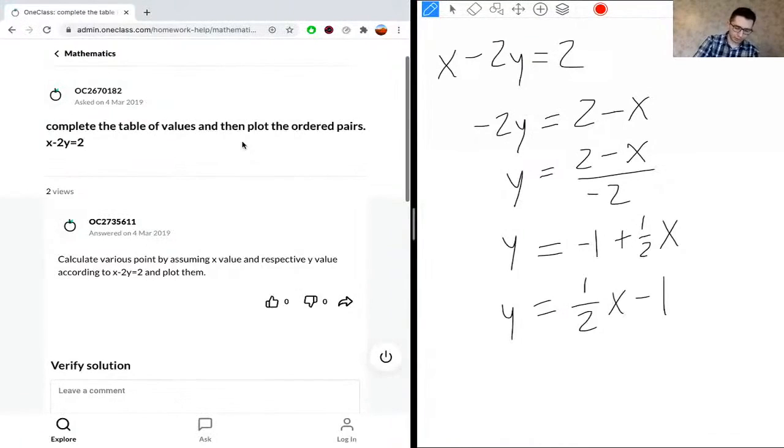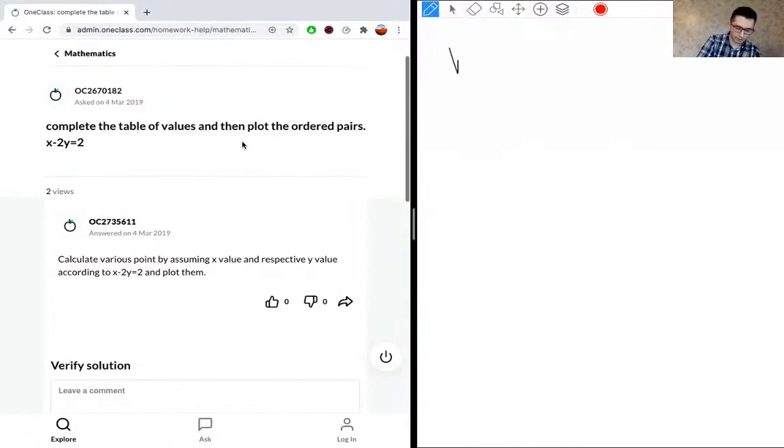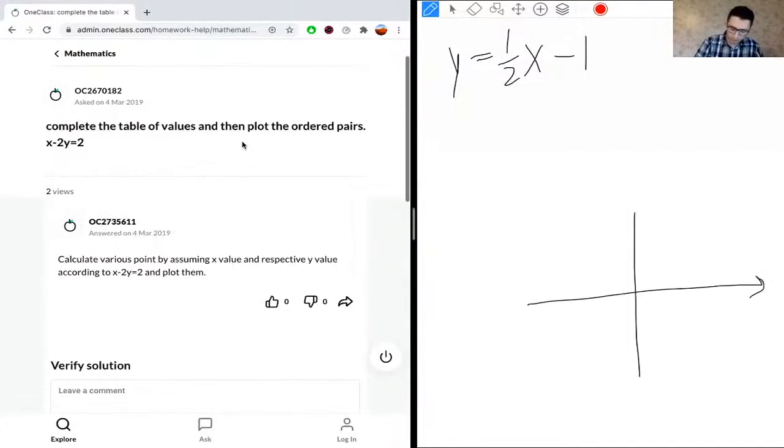So we'll clear the page and write this again: y equals 1/2 x minus 1. If we wanted to plot this, I'll just draw a plot here. We have x, we have y. We can start off by noting that the slope is a half, and we know that the y-intercept is negative 1.